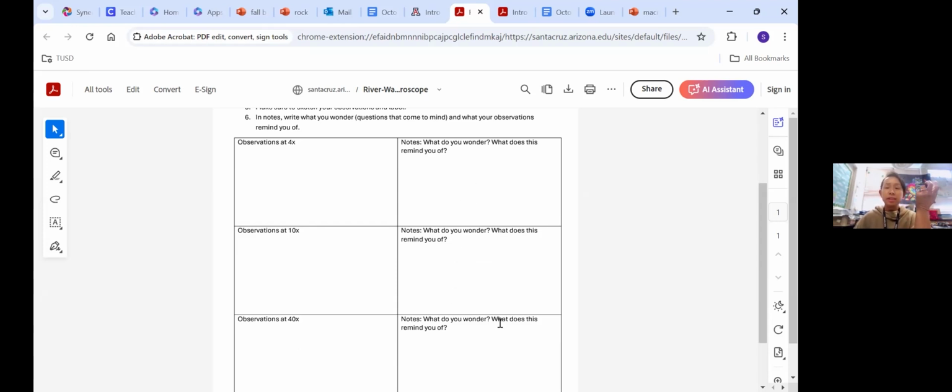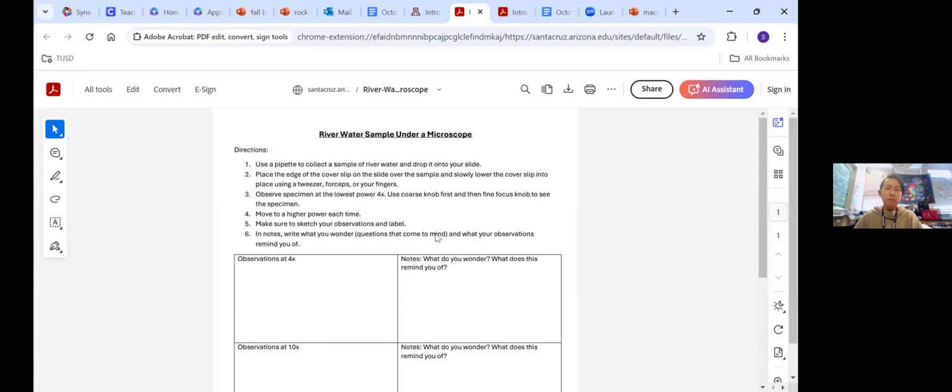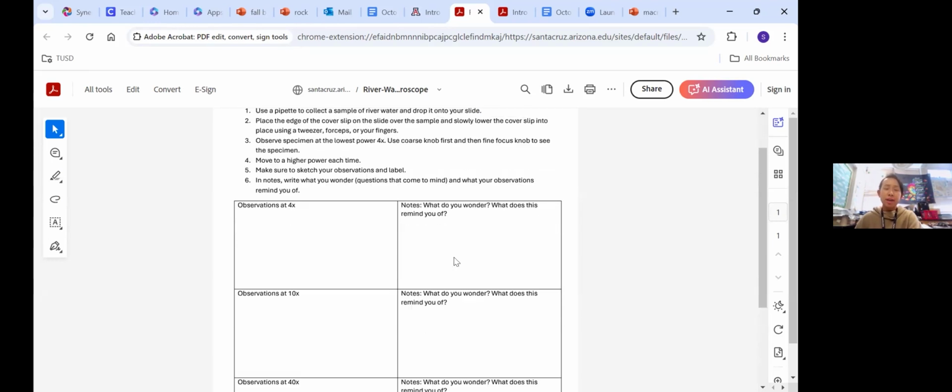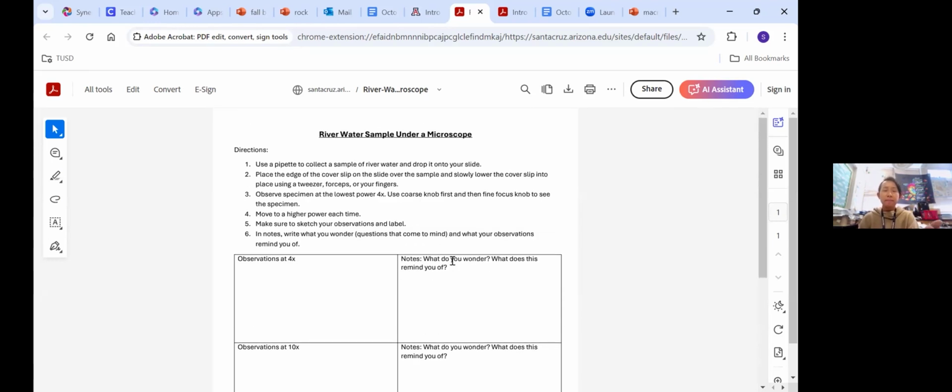The questions were where they had trouble, like, I don't know what to ask. Some said, oh, why does this thing move, or things like that. And for the observation with the river water sample, there wasn't a lot for them to look at, so their drawing wasn't so cool. So I added to that, and this one I have to modify.